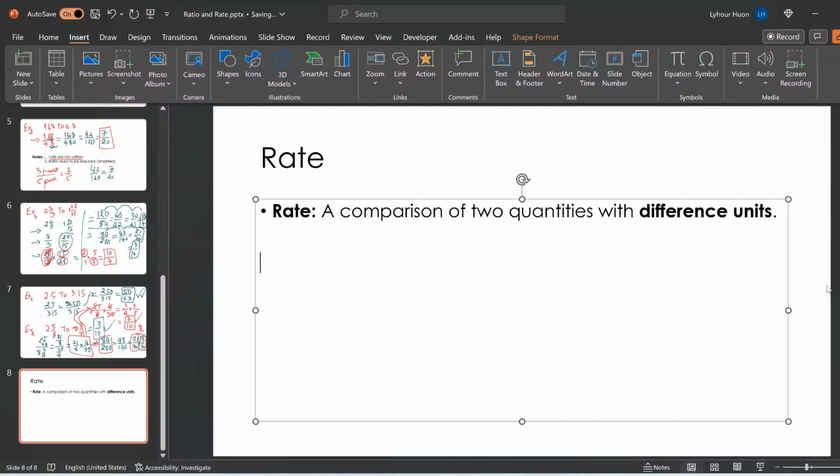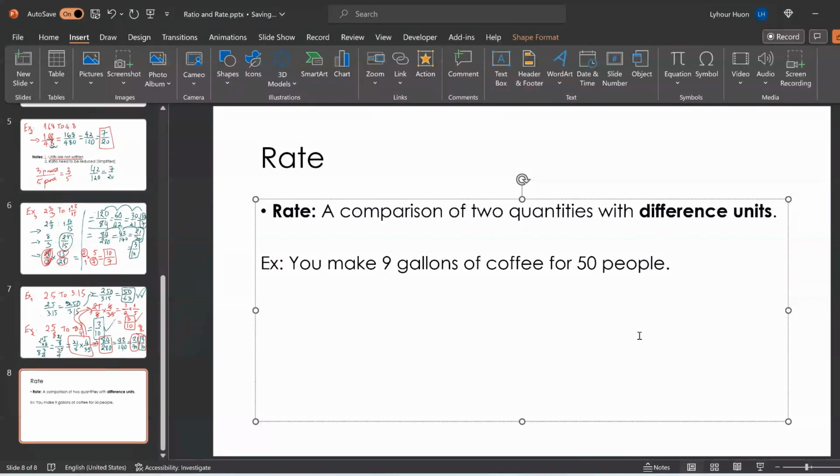Let me see an example. Once you make 9 gallons of coffee for 50 people, how do you write this rate?